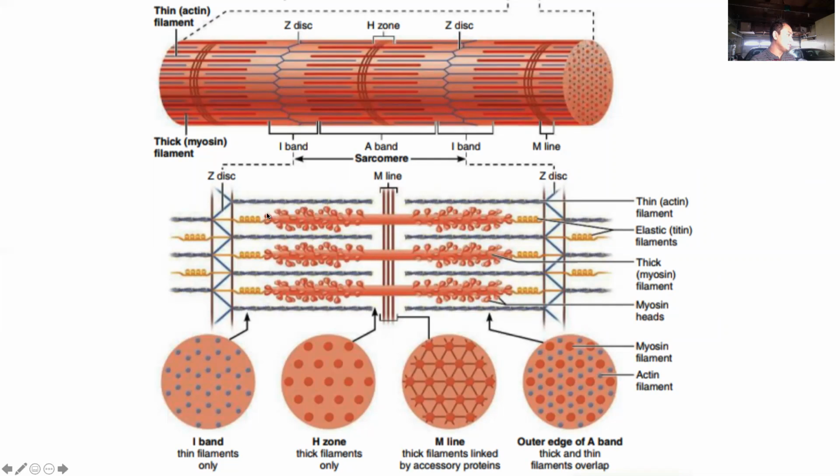And here you will see only thin actin, very thin, and we give it I. In the center, we see bigger myosins only, and therefore it is bigger than I, so it is H. And don't forget, myosin doesn't attach to the Z disc. It will go only via the titin filaments, titin proteins.